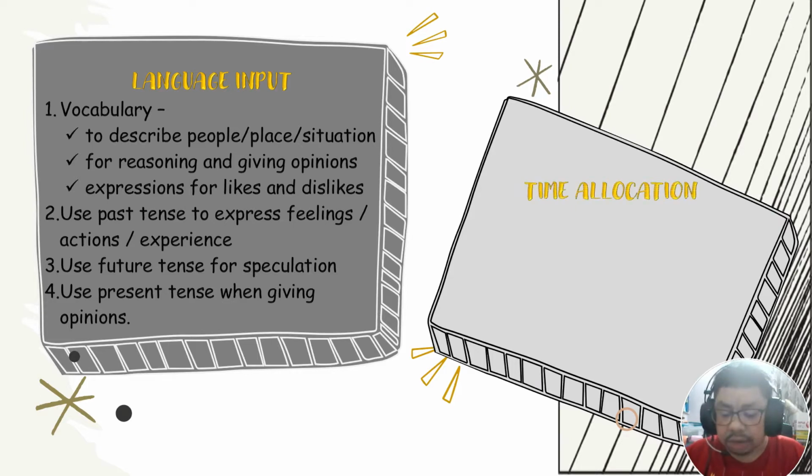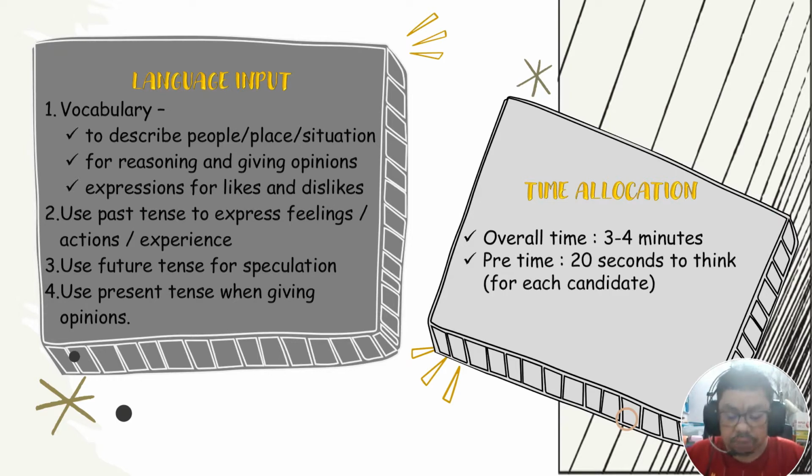Okay, now let's look at the time allocation for this part. As you can see, overall time takes between 3 to 4 minutes only, but it can be one of the longest 4 minutes of your life. Once you are given the question, you will be given only 20 seconds to prepare for your task presentation.